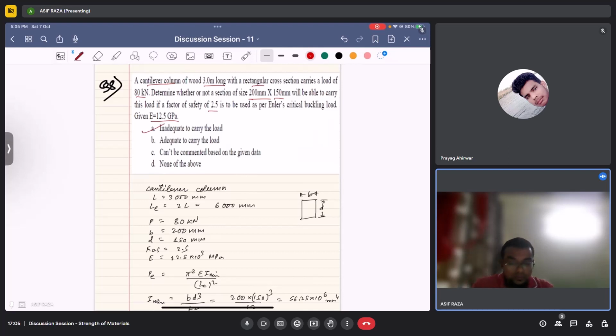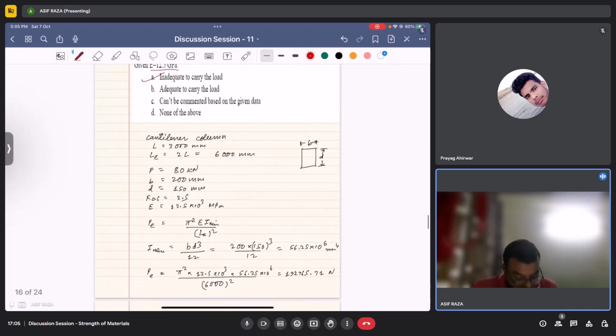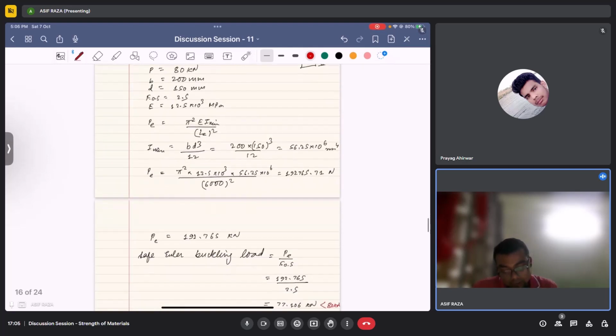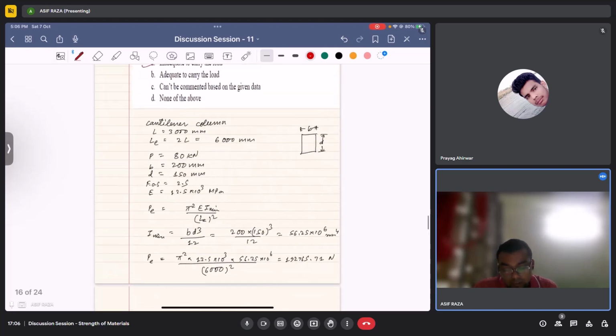So please look carefully how we have found this thing. With the given parameters, we were able to find the Euler buckling load, and then we divide it by the factor of safety, and it comes around 77 kilonewton, which is less than the applied load, that is 80 kilonewton.